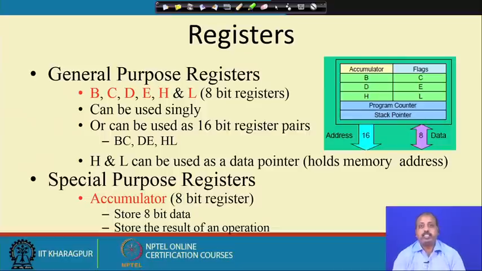This is another very interesting thing. Many times we need to implement a pointer in our program. For a pointer, the operand that we have in the instruction is not the actual operand, but an address of the operand. So, you have to access the memory location pointed to by that operand to get the actual value.